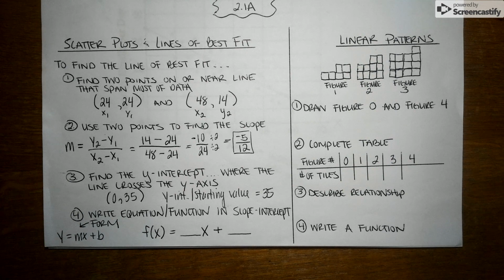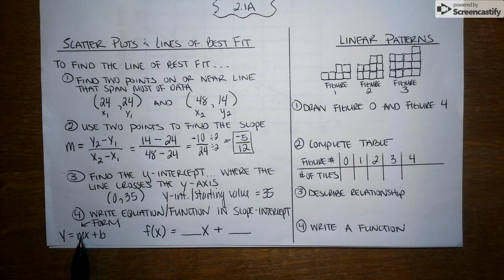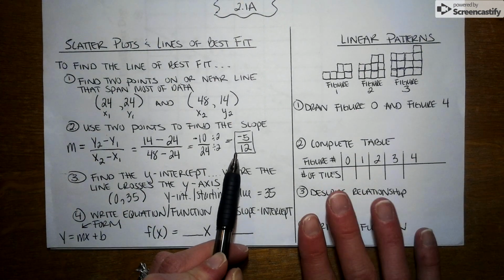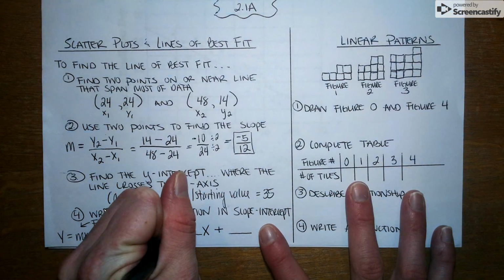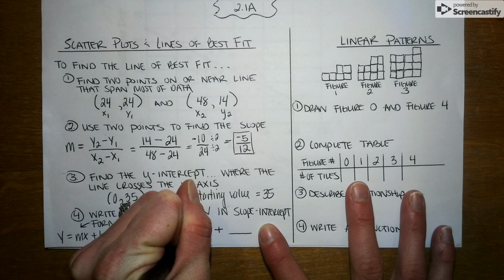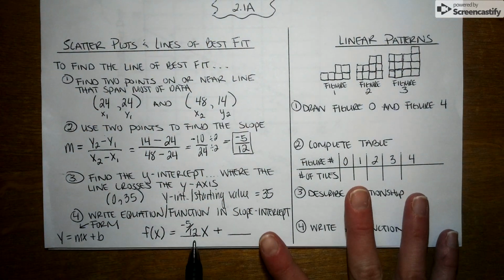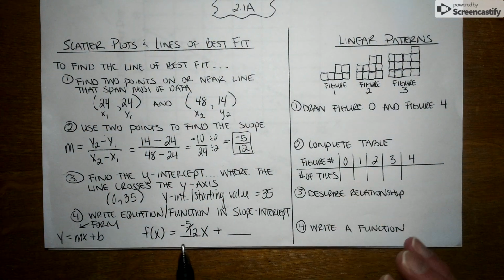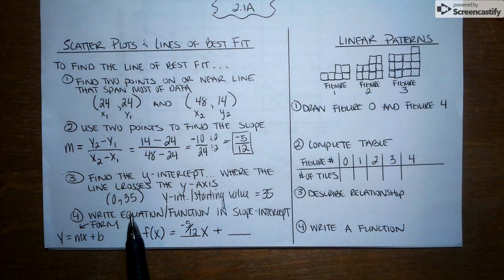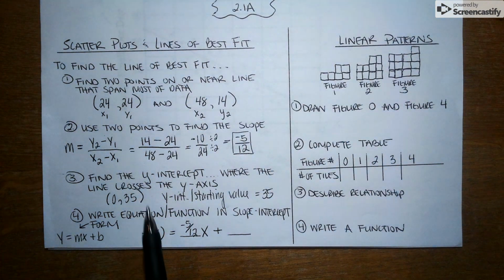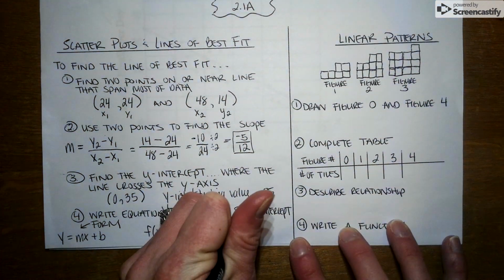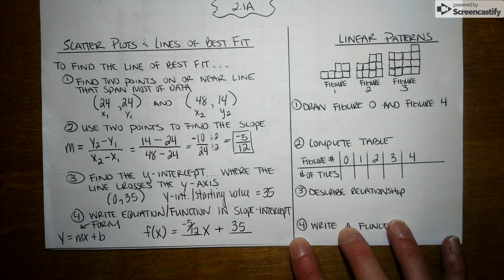So in place of the m, I'm going to put my slope, which is -5/12. So I'm going to put -5/12 in place of the m variable. And then I'm going to put my b value, or 35, in place of that. So this will be plus 35.